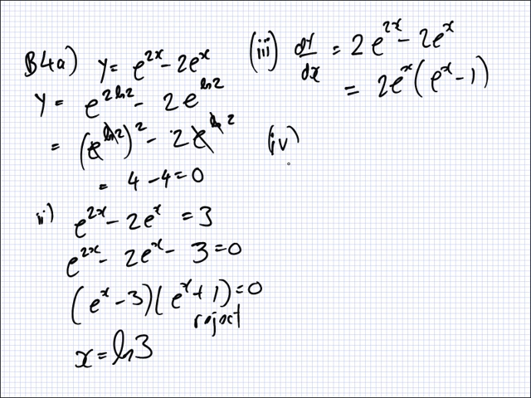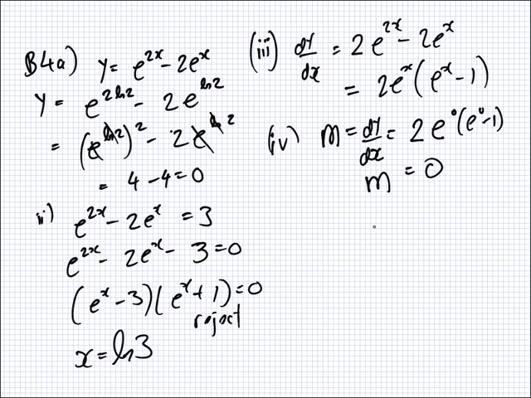Use your answer to part 3 to describe the normal at the point (0, -1). Right, so let's get the slope here. X is 0, so m equals dy/dx, well that's the tangent. That would be 2e^0 times (e^0 minus 1), which equals 0.